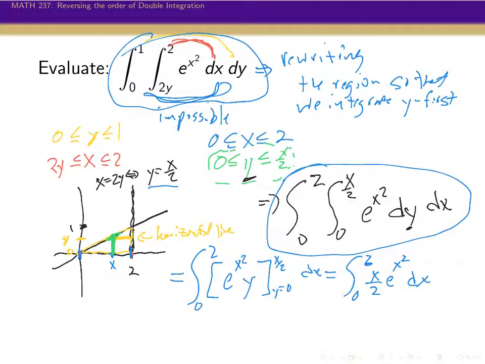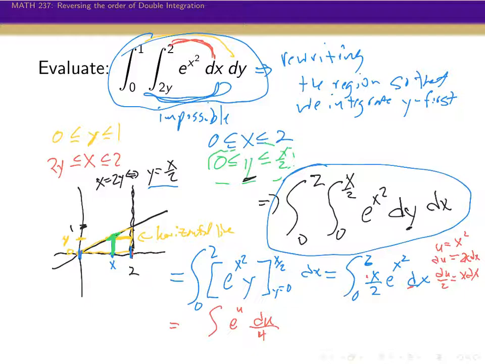So if we let u equal x squared, du is equal to 2x dx, and so du over 2 is equal to x dx, and so we can rewrite this integral now. x dx is going to be du over 2, and then we've got another 1/2 in there. And so x over 2 dx is going to turn into du over 4 e to the u.